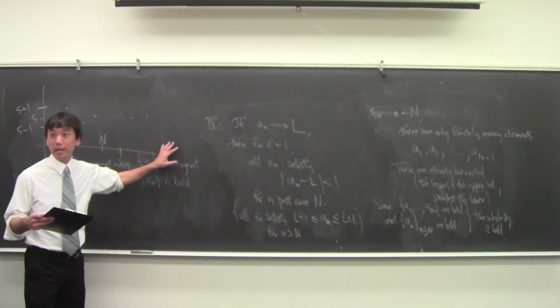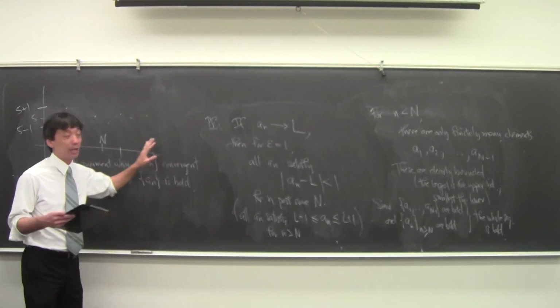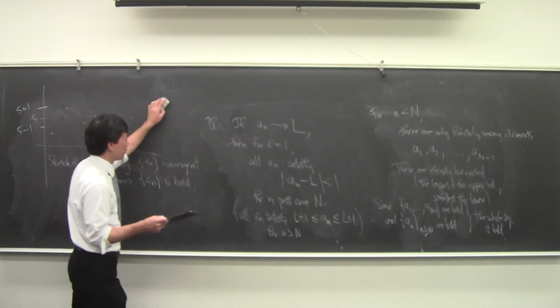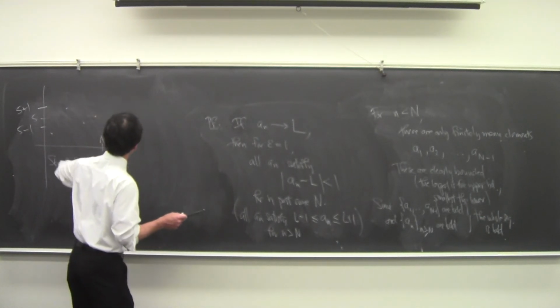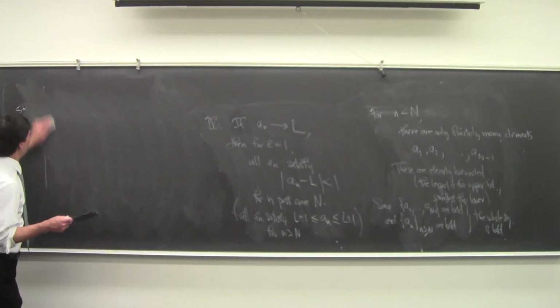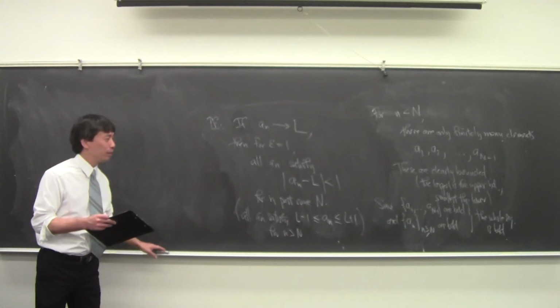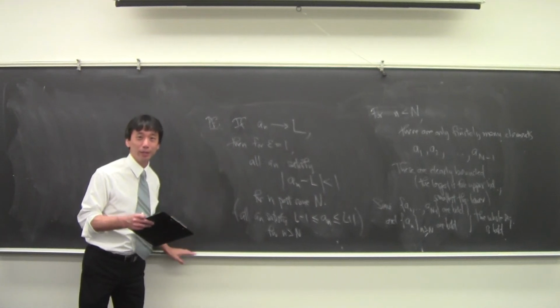Okay, any questions on the idea? As long as you get this idea, I'm happy. That's all I expect of you. You don't have to write down this proof. The idea is writing down the proof. That's for a later night.